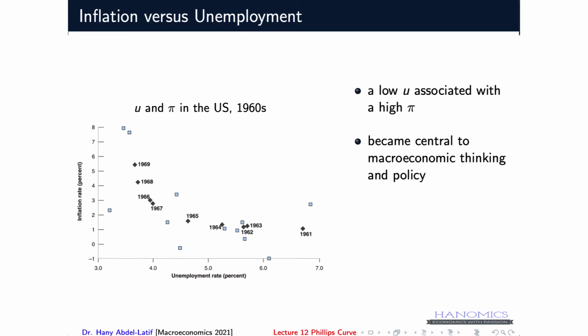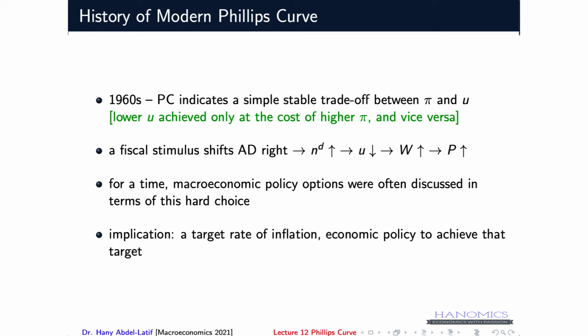And the idea here is that if you want to reduce the unemployment rate, then you have to accept a higher level of inflation rate, and that is the whole idea here. So what is the rationale behind that?